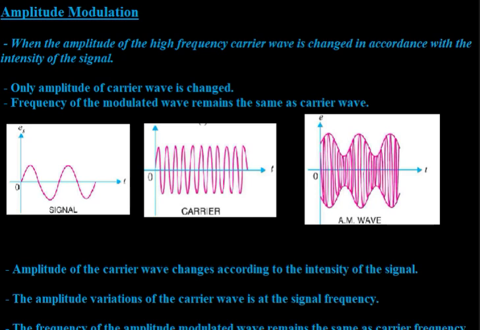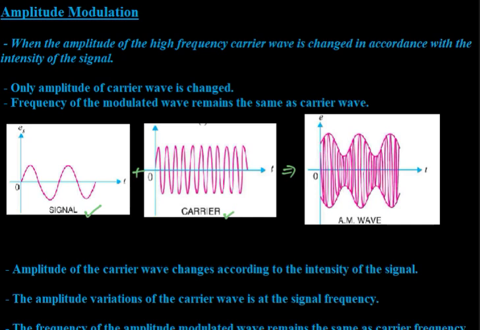Here if you consider this diagram, you can see there are three waves here. First one is the signal wave. The signal wave is superimposed on a carrier wave of high frequency. From the diagram you can see that the carrier wave is having a high frequency. Then the resultant wave is called the amplitude modulated wave.